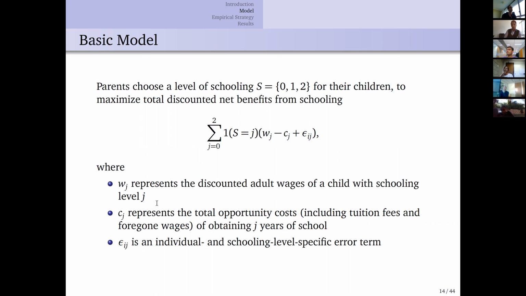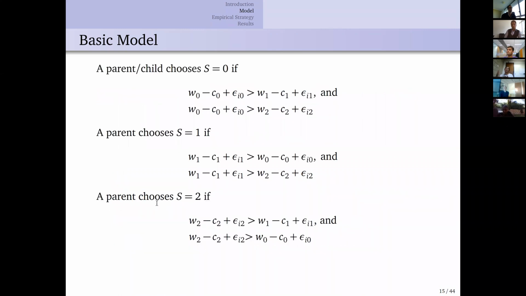So these are totals. And epsilon_ij is just an individual-specific and level-specific error term. So it's a simple setup, so we can easily write out how parents are making their decision. By the way, I'm being agnostic about who's really making this decision. It's a parent, it's a child, it's a joint decision. A decision is being made somehow.